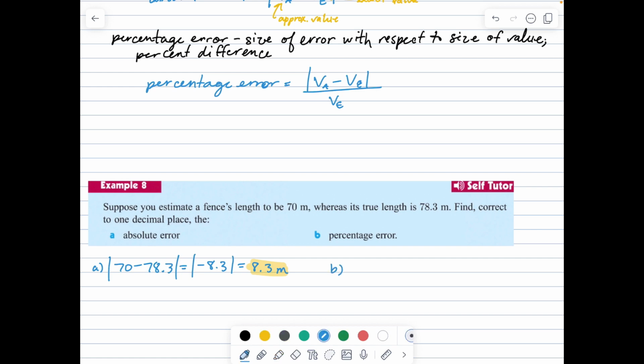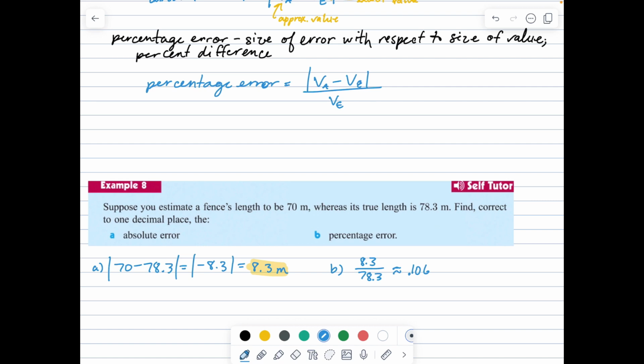For B, we want percentage error. So we just want to compare that to the exact value. And so we put 8.3, or that difference, over the exact value, 78.3. And we just divide, and 8.3 divided by 78.3 is, well, we're going to round here, but it's approximately 0.106.